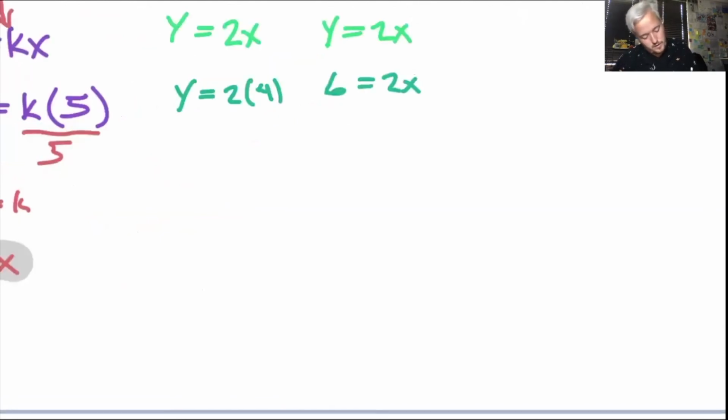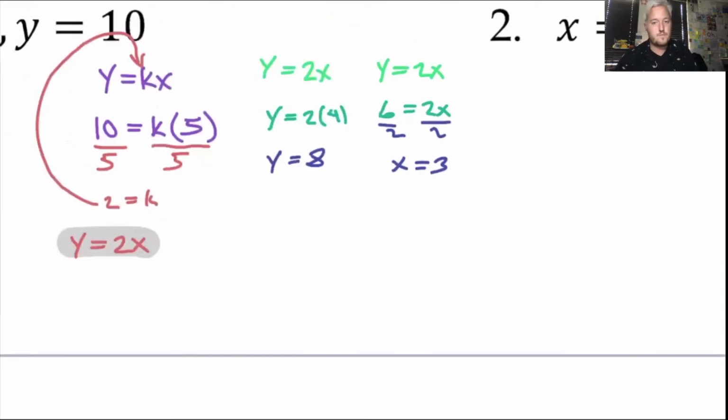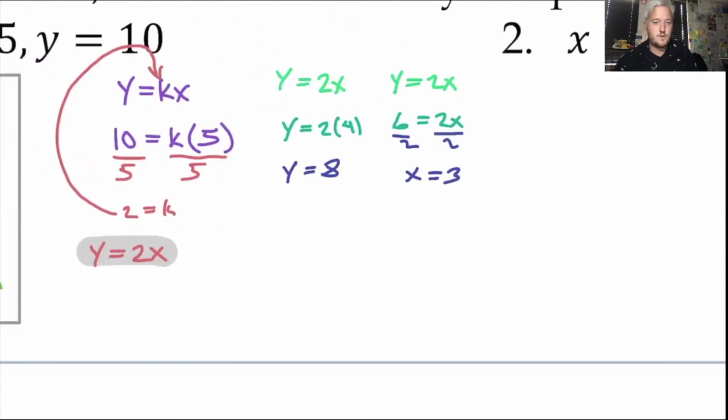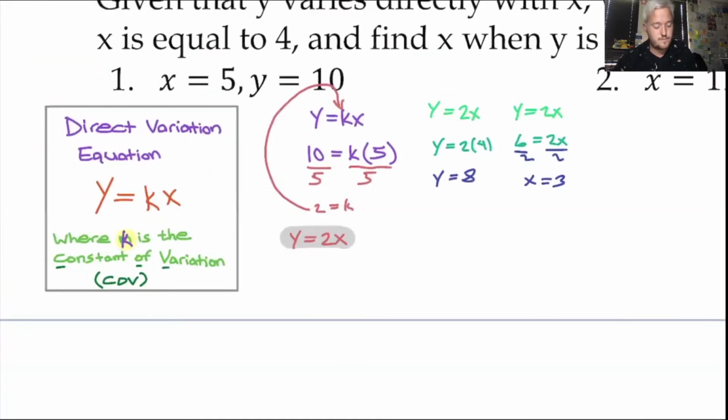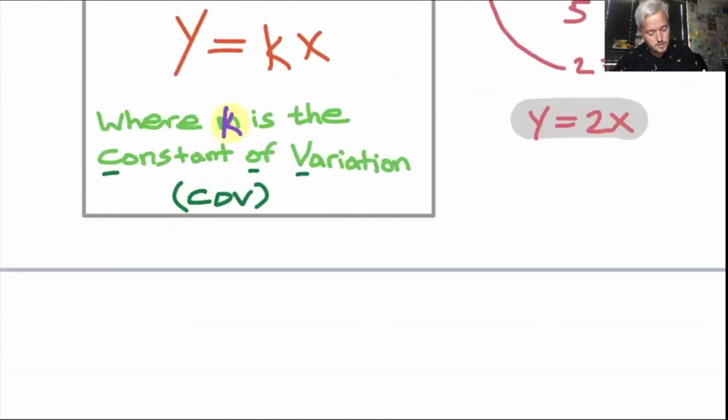So y equals 2 times 4, which is 8. And on this side, I'm going to divide by 2. So x is 3. So they're single step equations. They're not terrible. They're just inconvenient. K is the constant of variation.